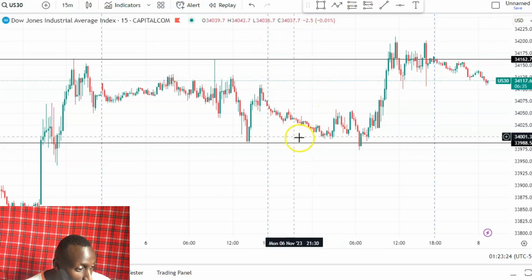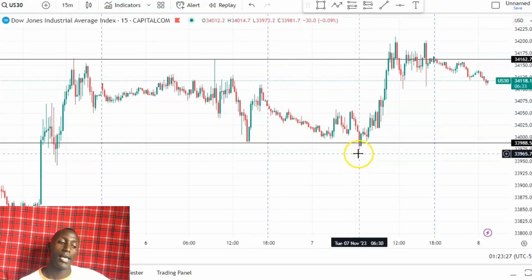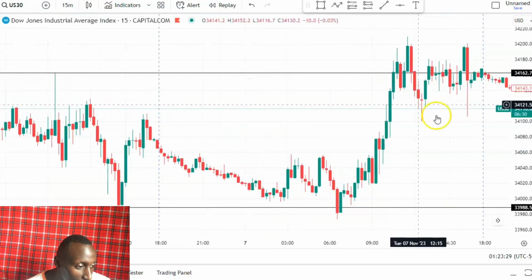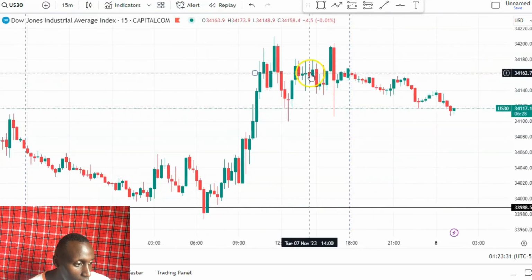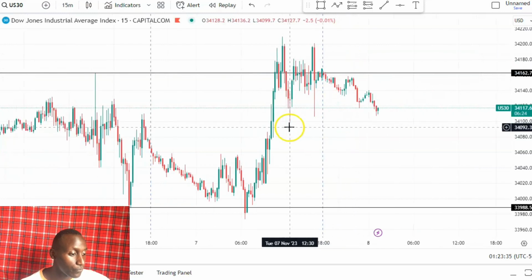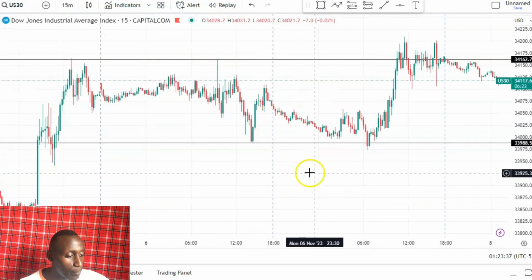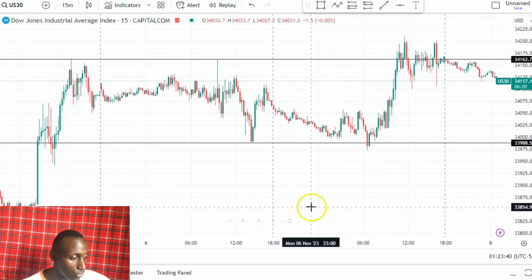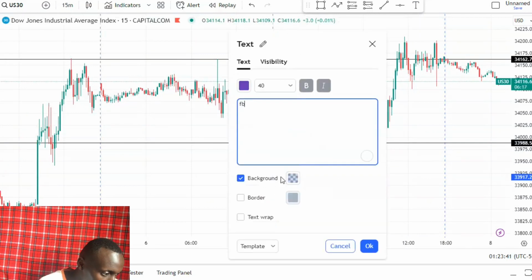On Tuesday, price broke out of the low and then breaks out of the high, but closes outside of the range. So this is a failed breakout. So now we have a failed breakout at the low of the week.